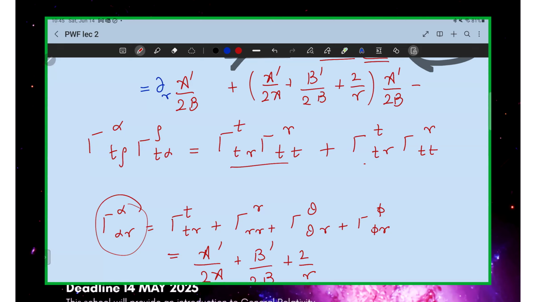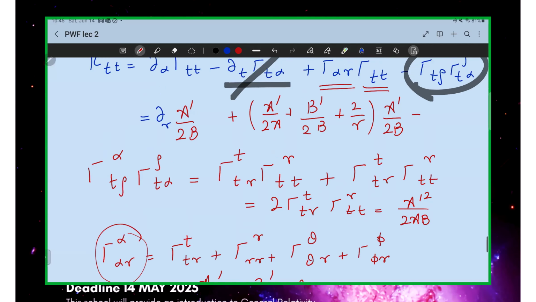And since the two terms are equal, it just gives you this. And if you put the values from above, you get something like this, okay? Now you need to calculate this thing and see what you get.